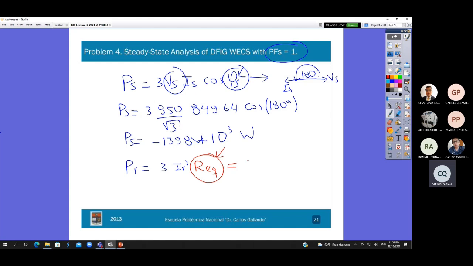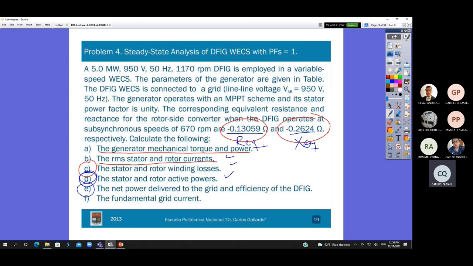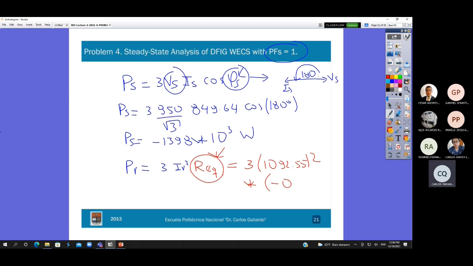So this is equal to 3 times 1092.55 squared, times negative the equivalent resistance for this mode of operation, which is this value: negative 0.13055 ohms.